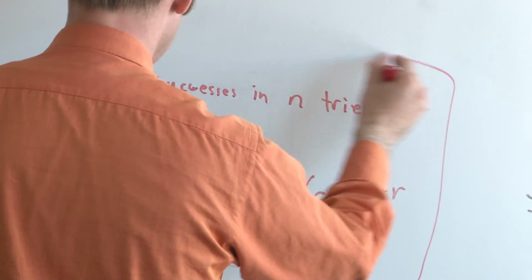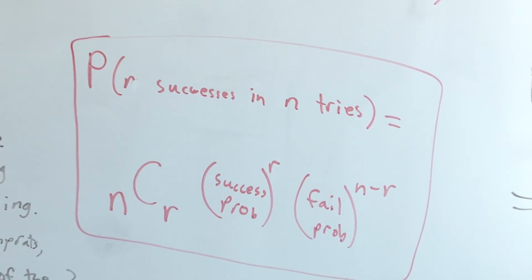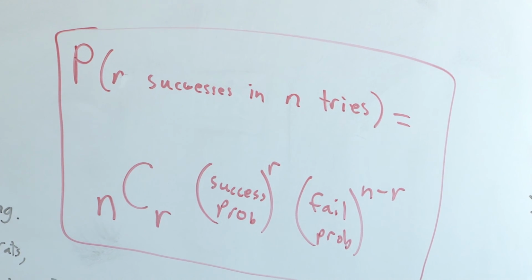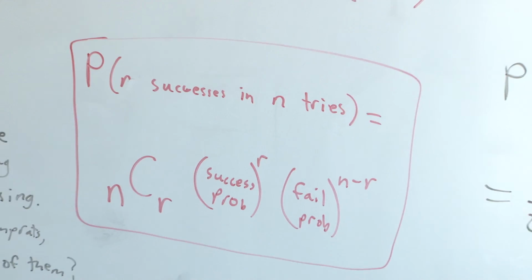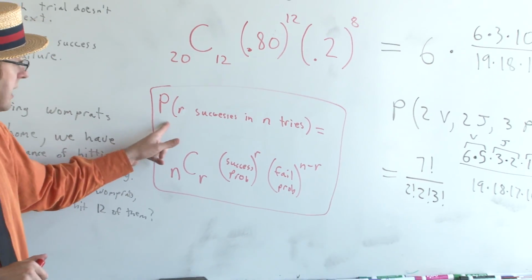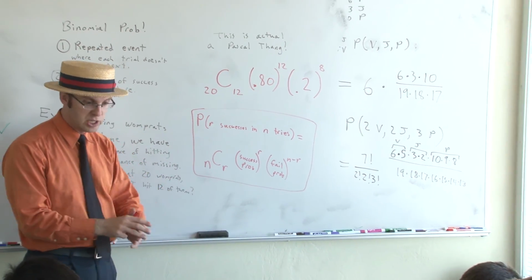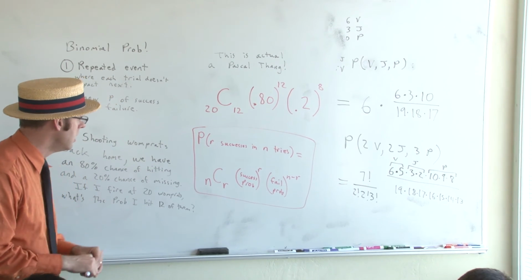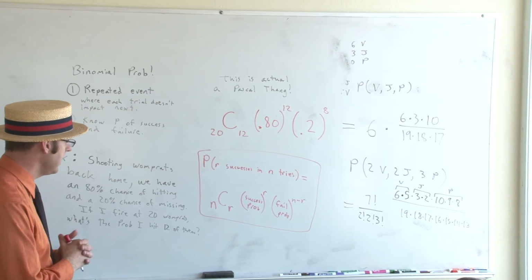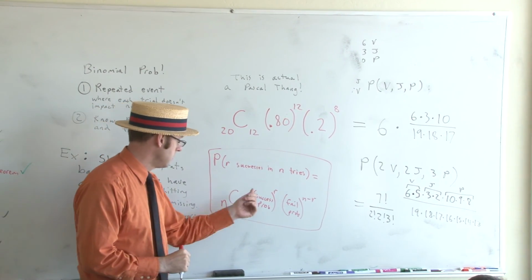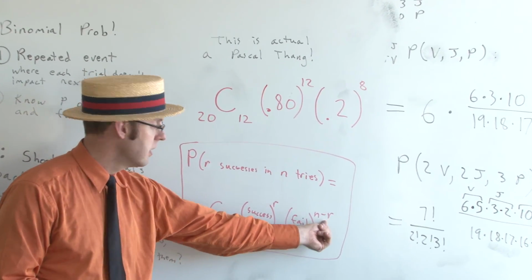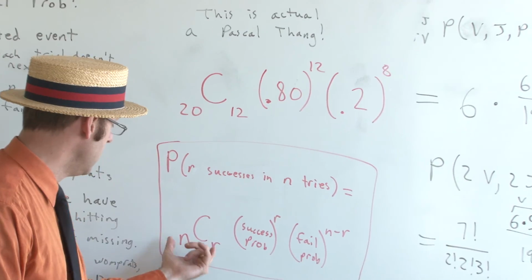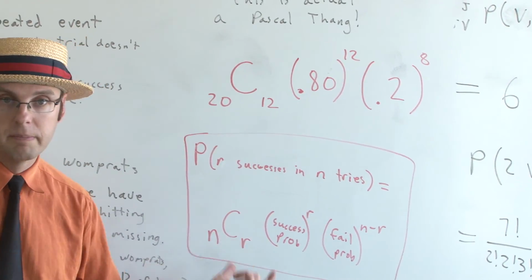If I have a situation that fits the binomial criteria, repeated events of known success probability, then I can do this. Instead of doing, again, a huge branching chart to figure out what happens, I can just say, all right, it's my chance of success to the number of successes I want, my chance of failure to the number of failures I want, all multiplied by nCr.